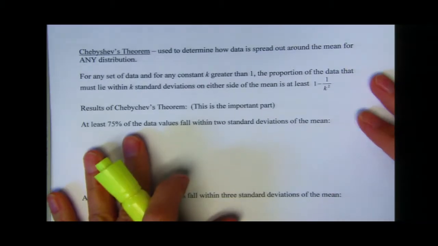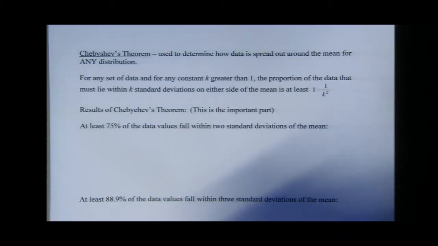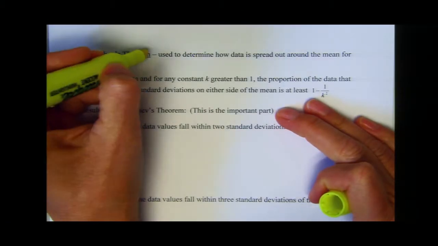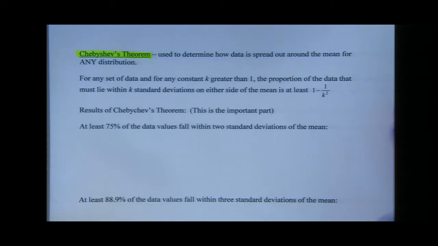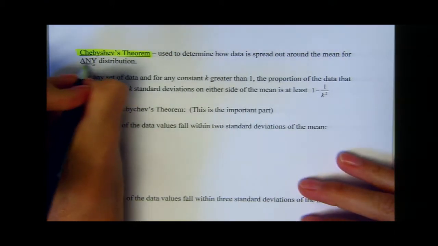Then we move on, and the last concept that we look at in 3.2 is a theorem called Chebyshev's Theorem. It is used to determine how spread out around the mean for any distribution.